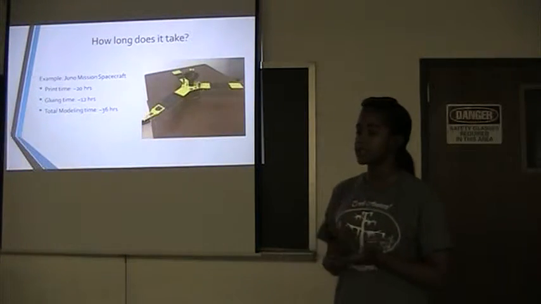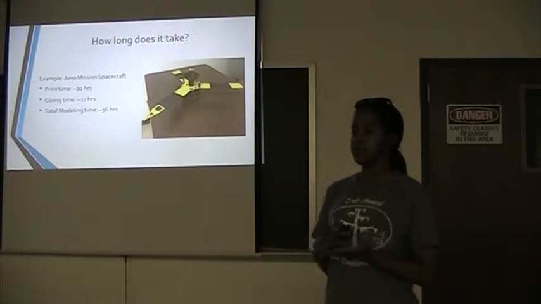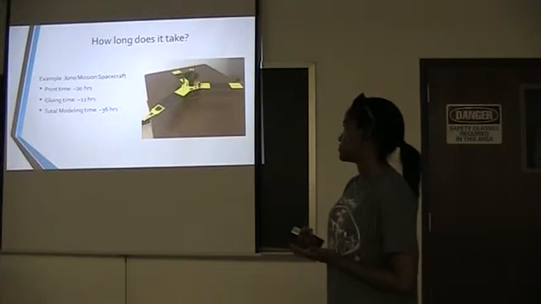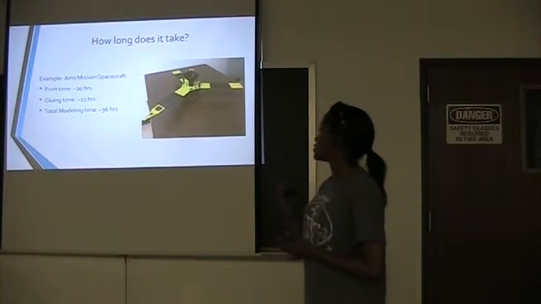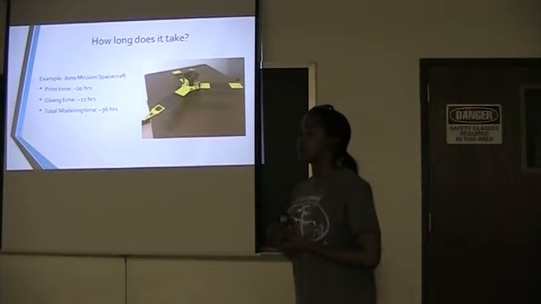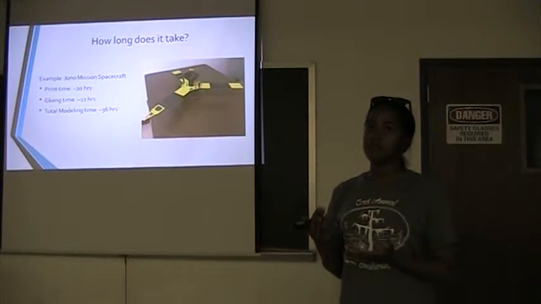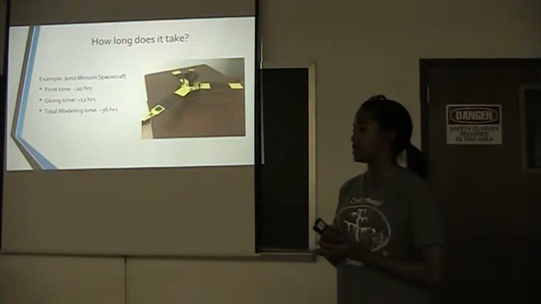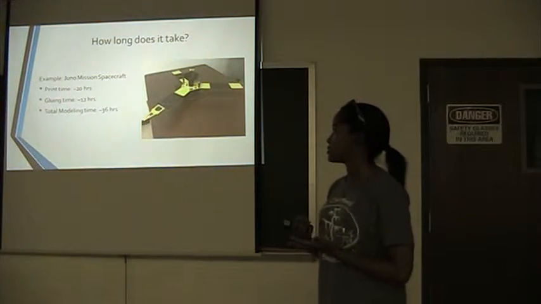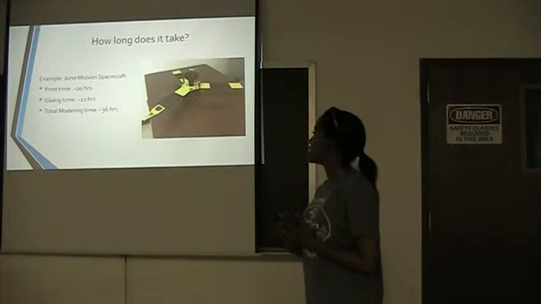So about how long does it take? It takes a pretty good amount of time, just because it goes layer by layer, and it also depends on how big the object you're printing is. For my independent study class, we made a scale model of the Juno spacecraft, and we added a lot of different details, and it took a total of 36 hours because of all the different pieces we needed to print.